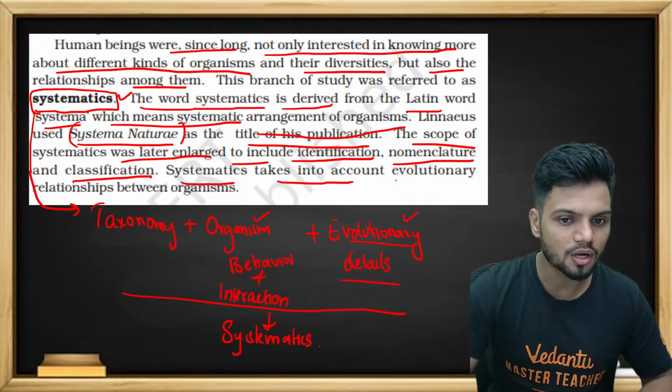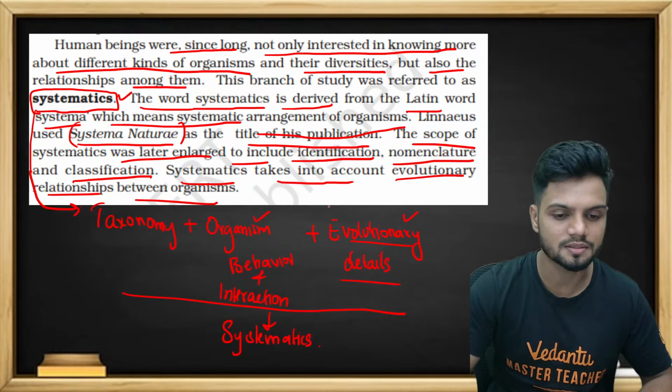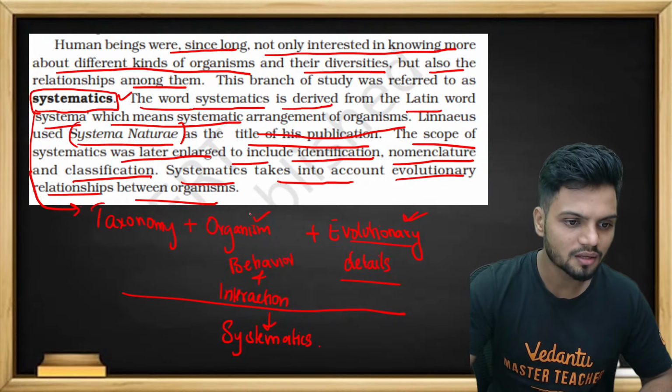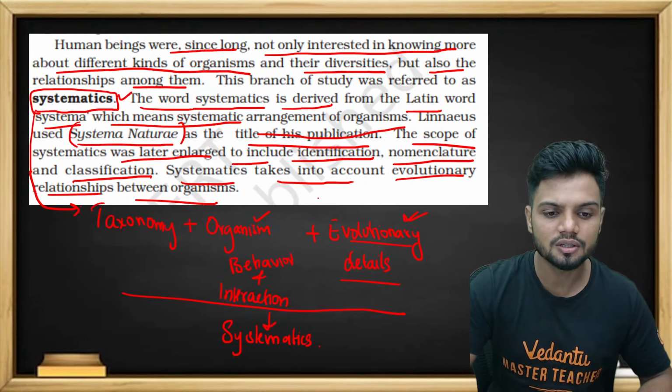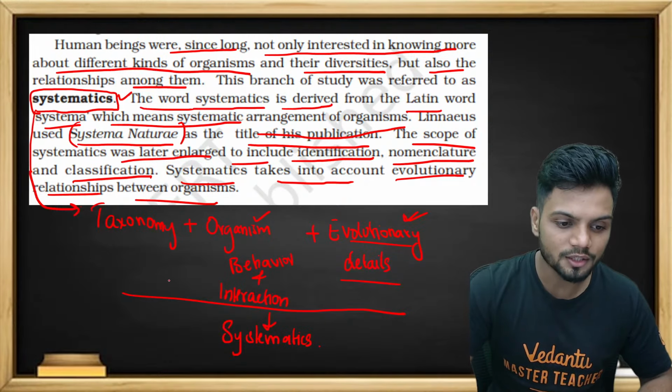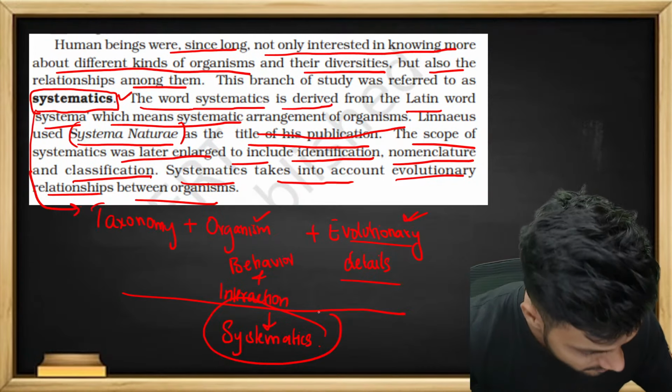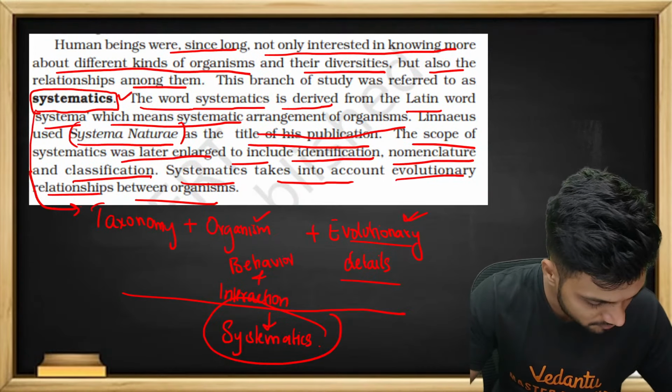Systematics also takes into account evolutionary relationships between organisms. So when we include taxonomy, organism behavior and interaction, and evolutionary details, all three together are called systematics.